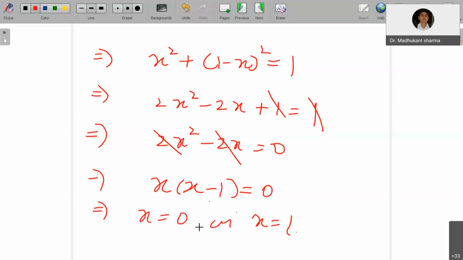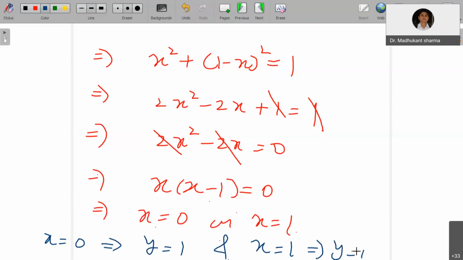So this implies x equals 0 or x equals 1. x equals 0 implies y equals 1, and x equals 1 implies y equals 0.